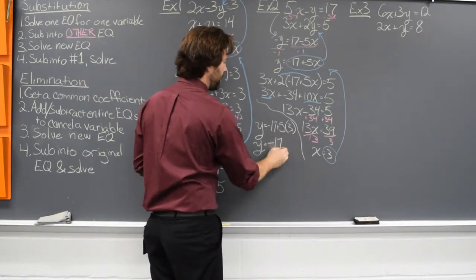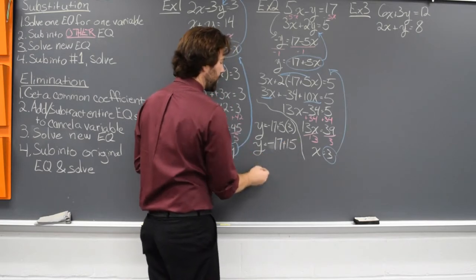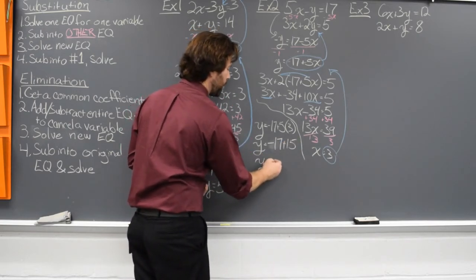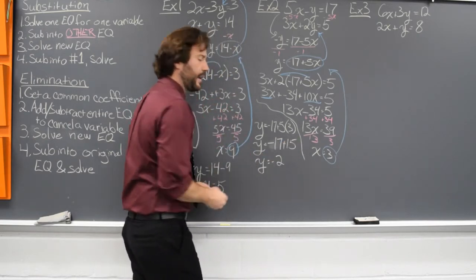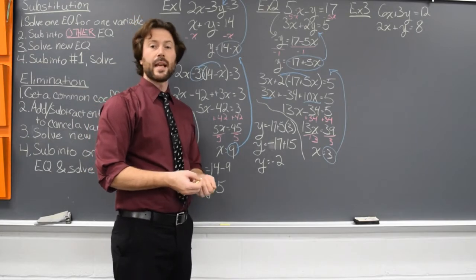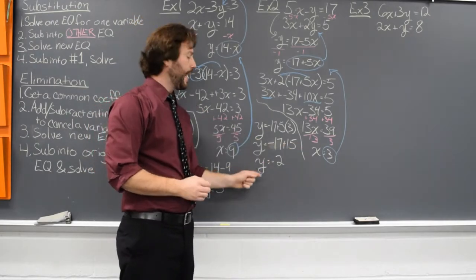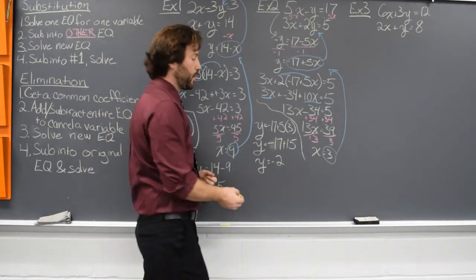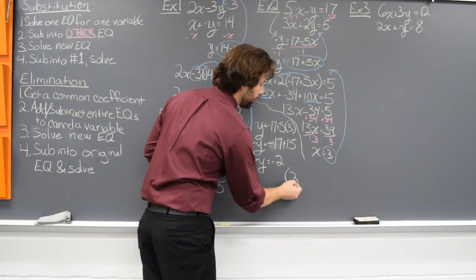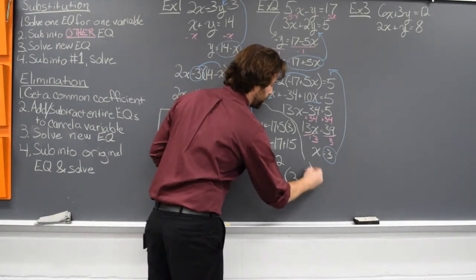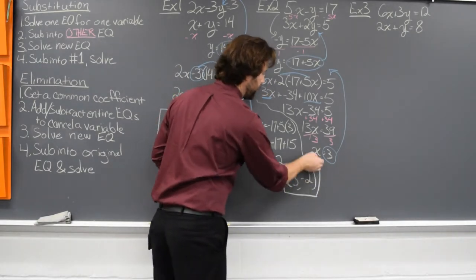So I've got negative 17 plus 15, which means that y equals negative 2. Now, instead of having our solution x equals 3 and y equals negative 2, we'll just write the ordered pair. 3, negative 2. And there we go.